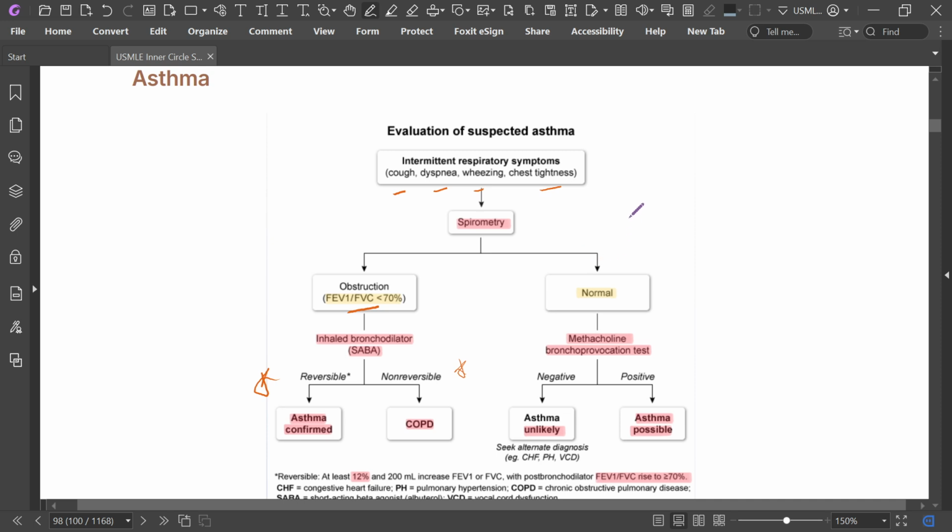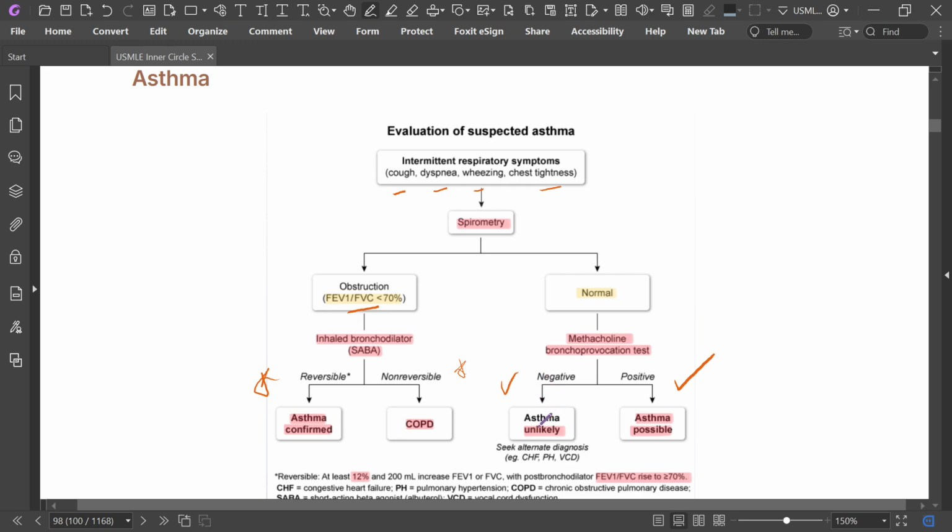And if spirometry is normal but you are still suspecting asthma, then you should give a drug which can bronchoconstrict, that is methacholine. Methacholine bronchoprovocation test: if it is positive, asthma is possible. If it is negative, asthma is unlikely.